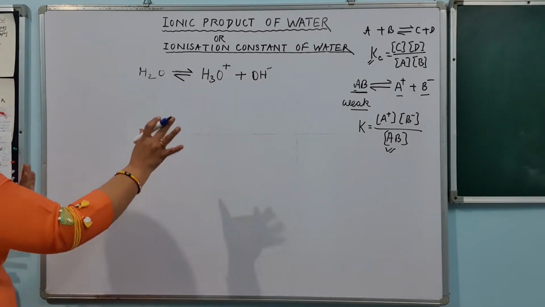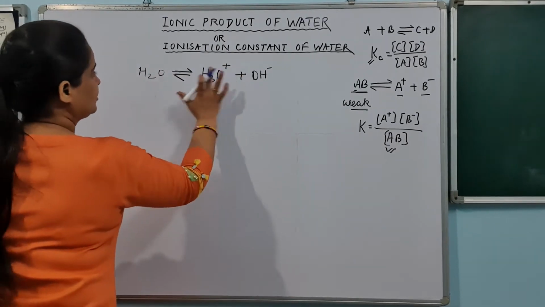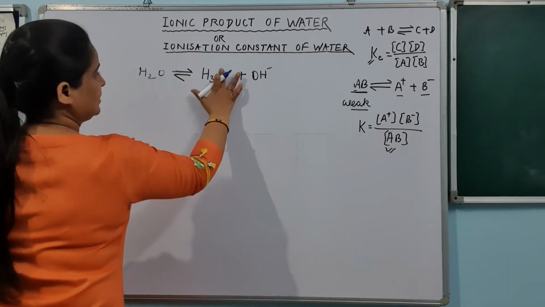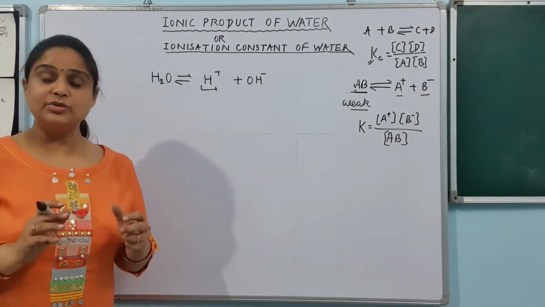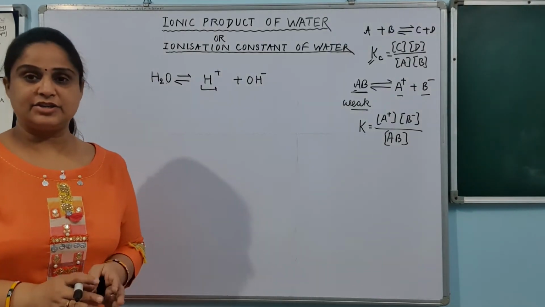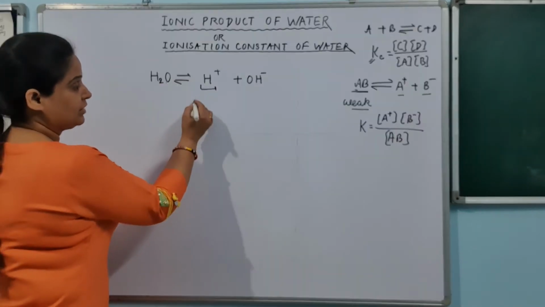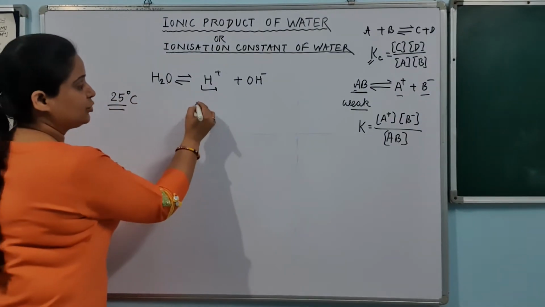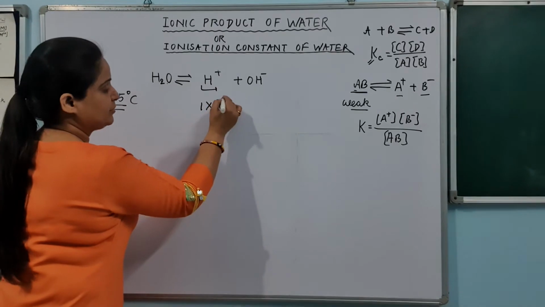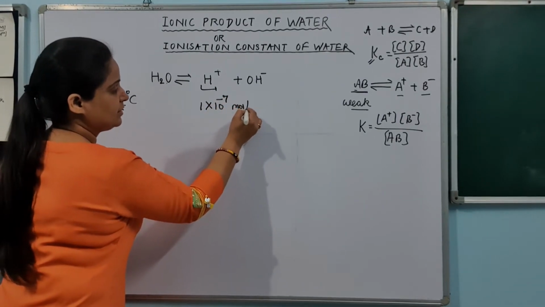I can write it like this. So to simplify it further, I am just taking this H plus and OH minus. Okay. And you know what? H plus ion concentration in the pure water at 25 degrees Celsius is found to be 1 into 10 raised to power minus 7 moles per liter.